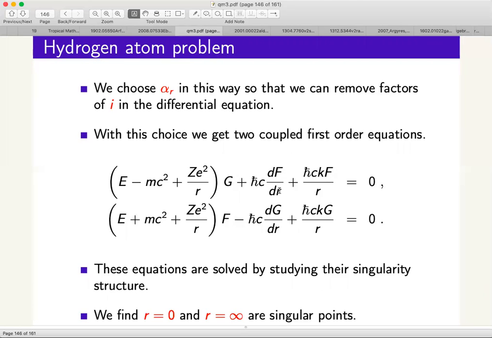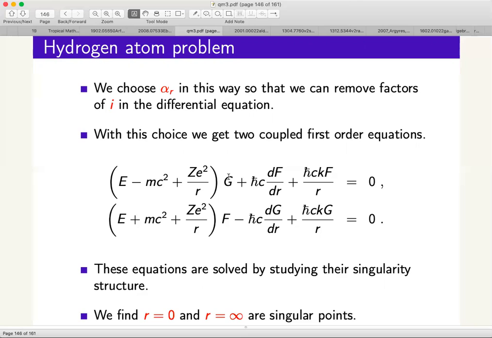I mean, usually whatever you differentiate with is called an independent variable. So we want the coefficient of the highest derivative piece not to involve any function of the independent variable. But if you do this transformation, r is equal to 1 over rho, or 1 over r is equal to rho, it's the same thing, then you get a rho squared df by d rho kind of expression. So you divide the whole thing by rho squared. But 1 over r will be written as rho in the numerator. But if you divide by rho squared, you get a rho downstairs here, rho downstairs here, and a rho squared downstairs here.